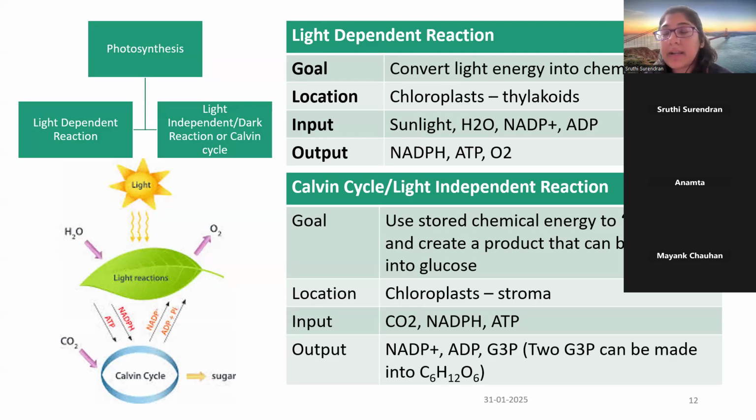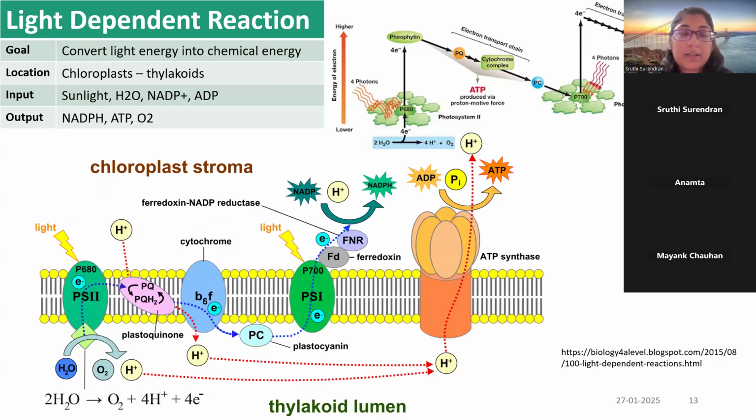The light reaction converts the light energy into chemical energy represented by ATP molecules and NADPH molecules. And the Calvin cycle happening in the stroma makes use of this ATP and NADPH to produce glucose molecules through a series of reactions. The light reaction is basically an electron transport chain where electrons get excited in the presence of photons from light.